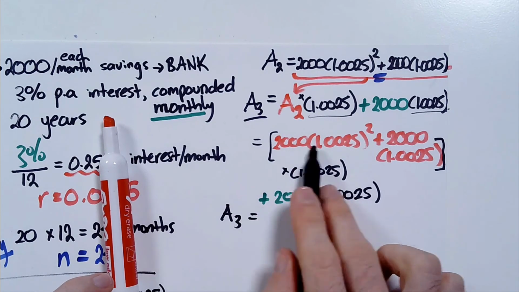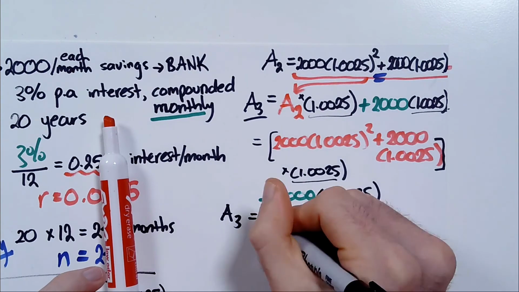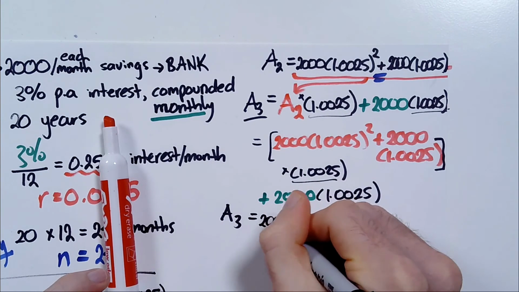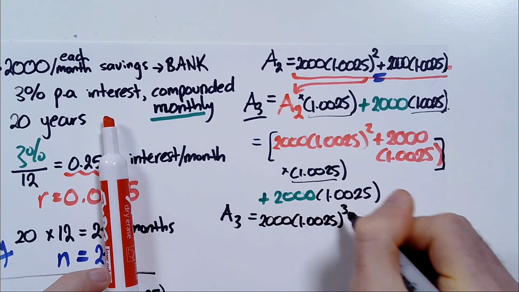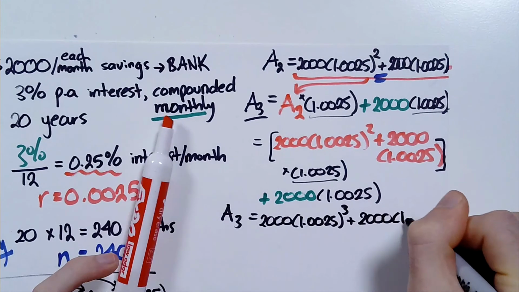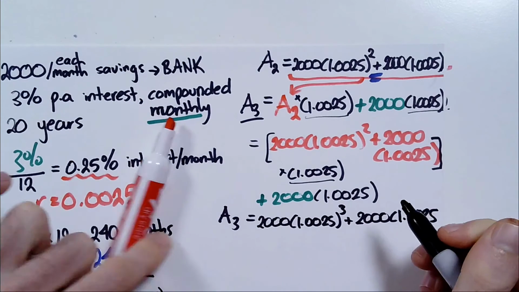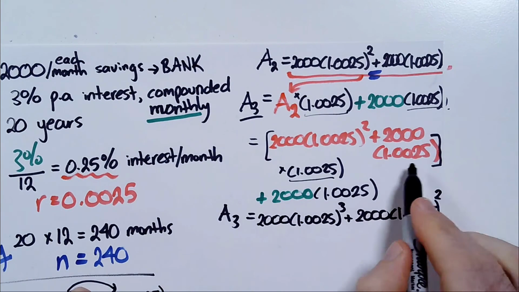But if I expand the red bits by this bracket here, we're going to end up with $2,000 times 1.0025 to the power of 3, plus $2,000 times 1.0025 to the power of 2, because again, this one only had a 1.